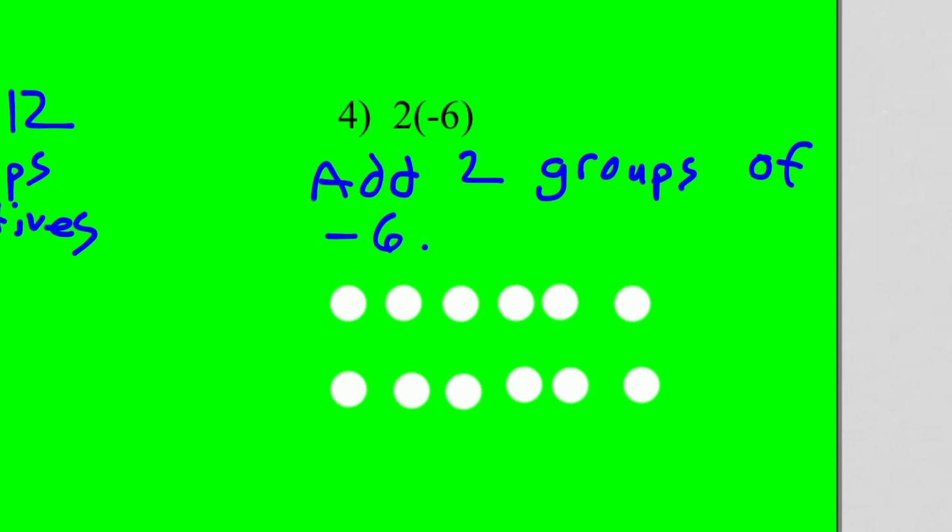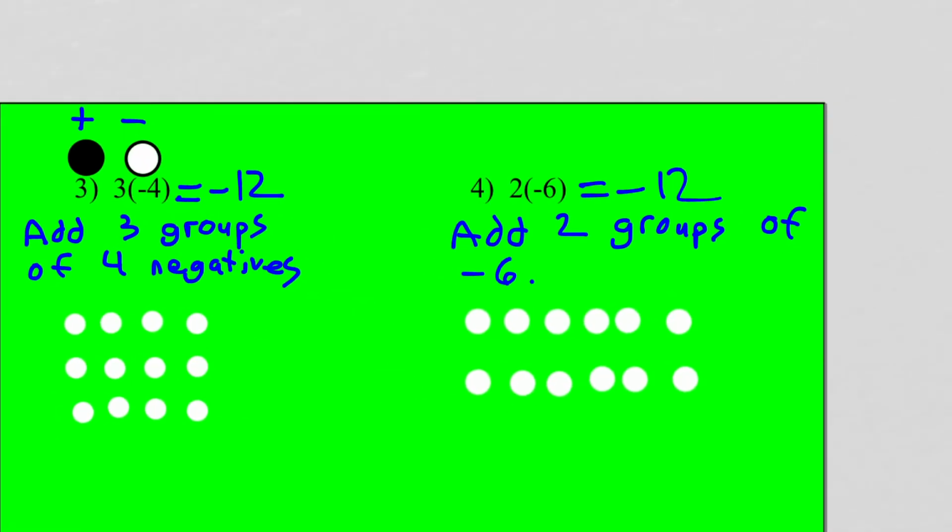There's a second group of negative 6. Okay, and you can very clearly see if you count up all those white circles, there are 12 of them. So that means 2 times negative 6 is equal to negative 12. A positive times a negative is a negative. Okay, so we've done 2 of them. Let's do the last 2.